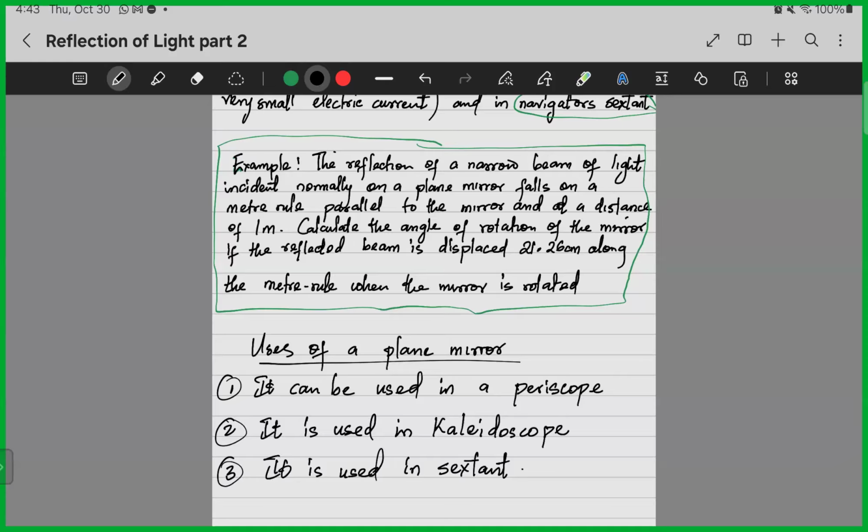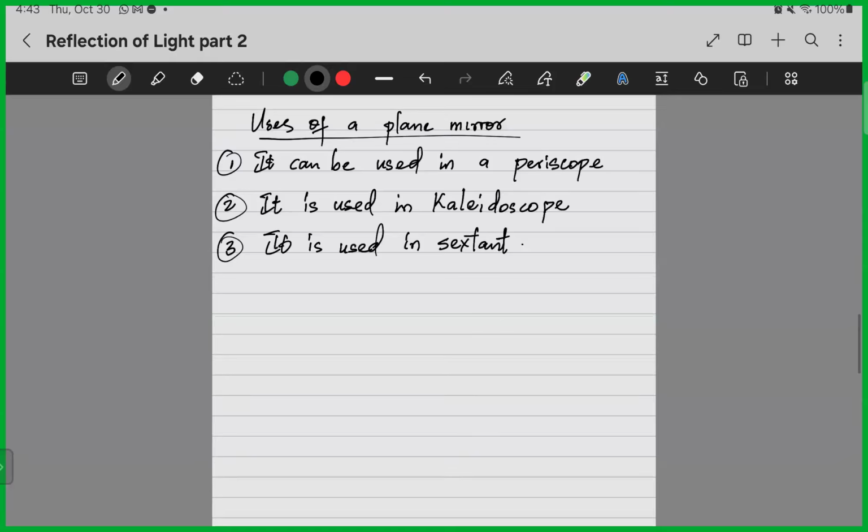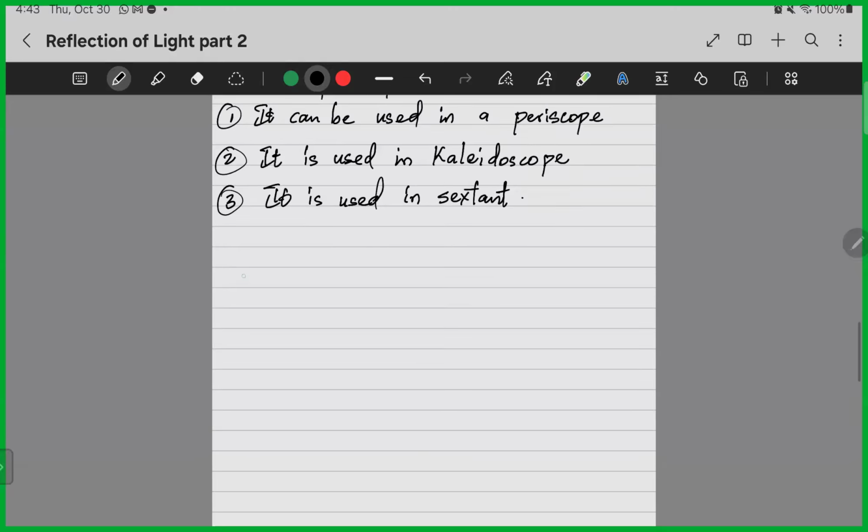I want to highlight some important things, like the angle of deviation.